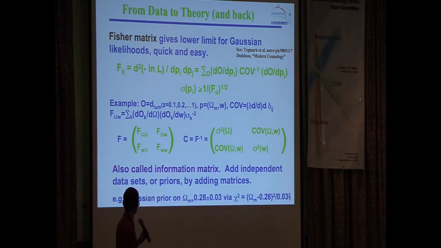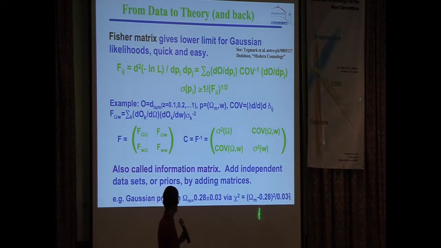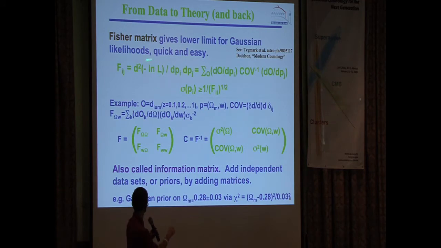And so that has to be taken into account. If you have external information rather than data, you just have a prior, then you can make a matrix that represents the prior. So for example, if you're saying that omega matter is 0.28 plus or minus 0.03, then you can just put it into this log likelihood in terms of a chi-squared, and that just gives you elements in the Fisher matrix.